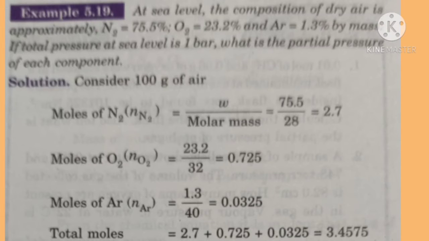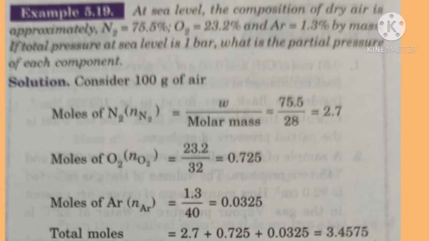Consider 100 gram of gas, then moles of nitrogen is equal to mass of nitrogen divided by molar mass, that is 75.5 upon 28, which is equal to 2.7. Then the moles of oxygen, nO2, is 23.2 upon 32, which is equal to 0.725.